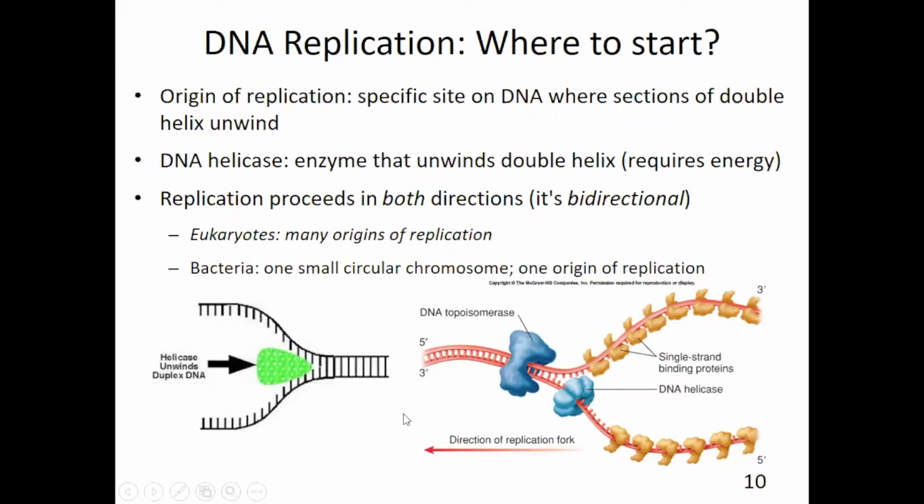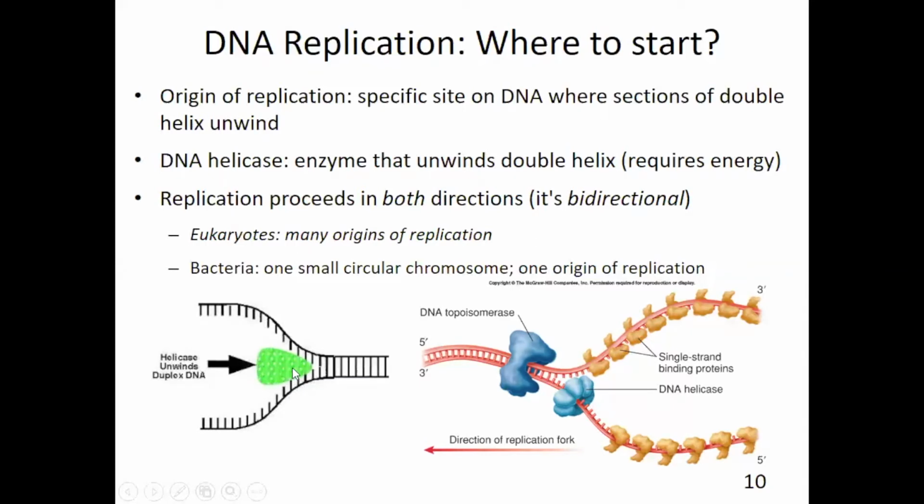But if we look at each individual origin of replication, it would be represented like either of these two figures here on the left-hand side. So let's look at the left-hand side. This is a more simplistic representation. What you see is the two parental strands of DNA here in black, and they are being separated by this green triangular shape here.